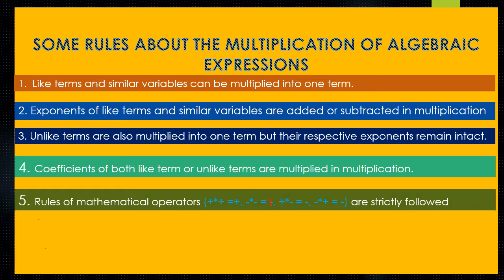Here this minus sign is wrongly put, so I have to change it into a plus sign. Similarly, if we multiply plus with minus, we get minus, or if we multiply minus with plus, again we get minus.